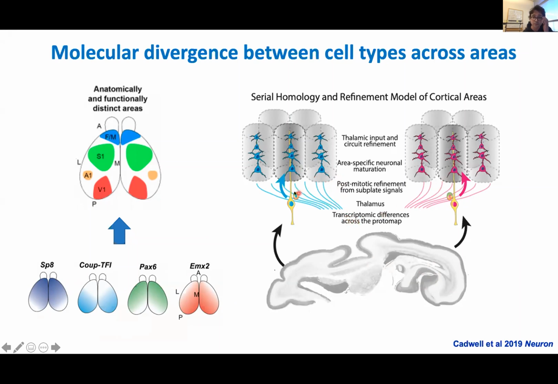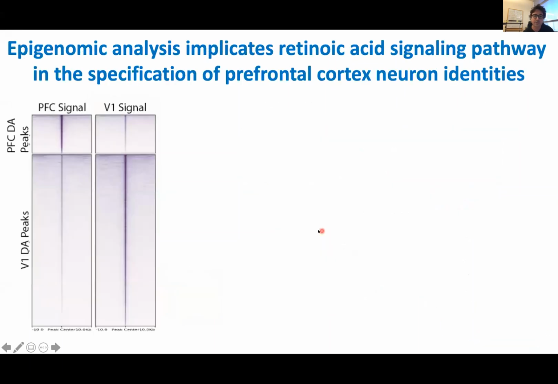This model is congruent with the possibility that there are further changes occurring postmitotically, for example, signals from the thalamus and area-specific neuronal maturation, as well as functional evoked input that could further refine what we refer to as proto-regions of the cerebral cortex. And you can read more about this in our recent review.